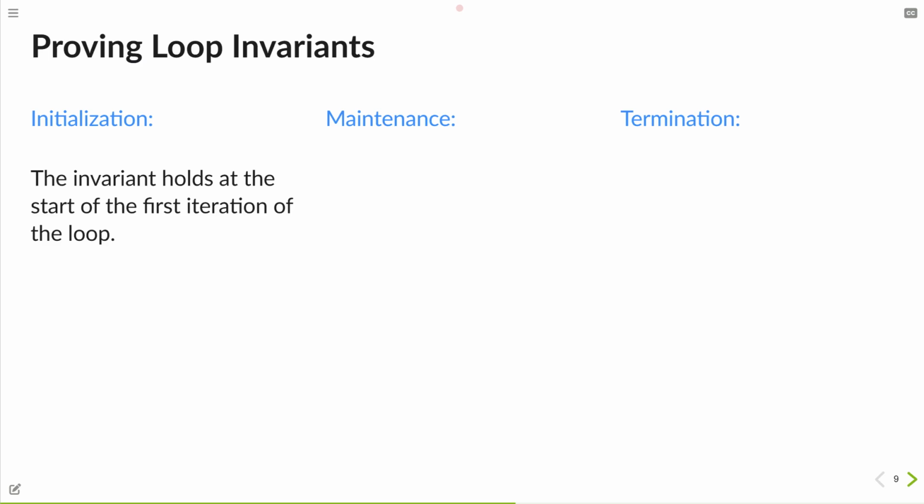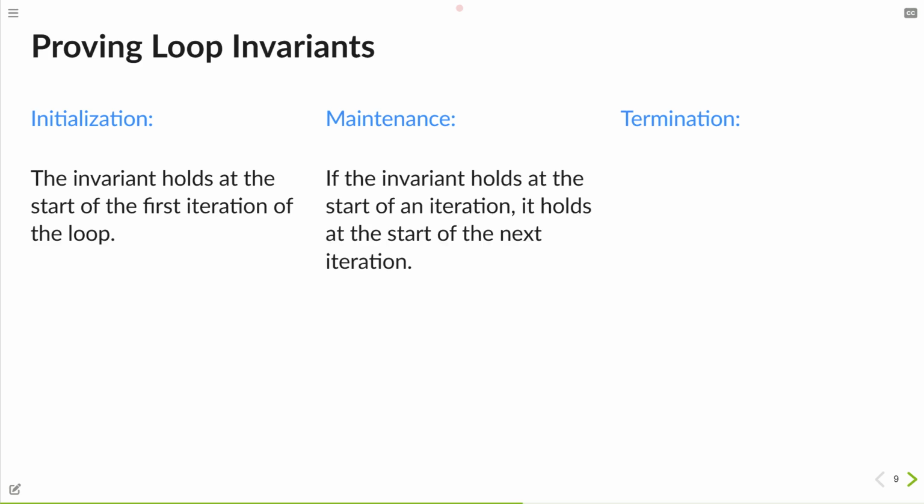Maintenance says that if the loop invariant was true at the beginning of an iteration and I now run through the loop, then after that iteration, the loop invariant is again true. Those two together show the correctness of the loop invariant, because if it was true initially and every time I run through the loop it stays true, then it also is true at the end.